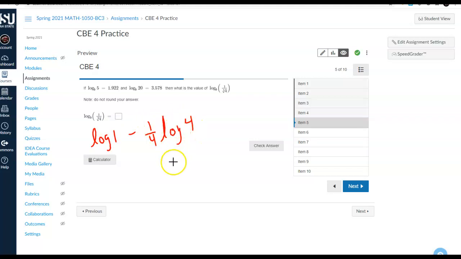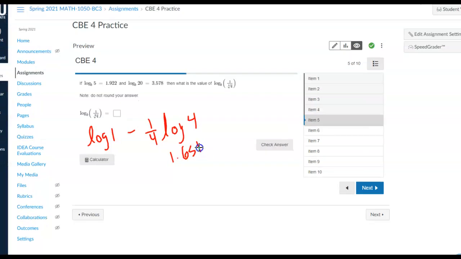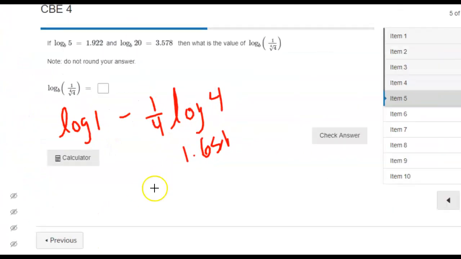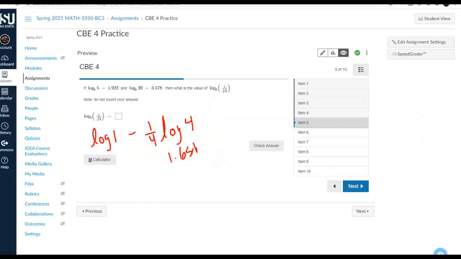And because this is 1.656, oh geez, come on, don't do this to me. It drives me crazy. 1.656 here. Then I just can go 1/4 times that. So again, you just take that in your calculator times 1.656, and that gives me 0.414.